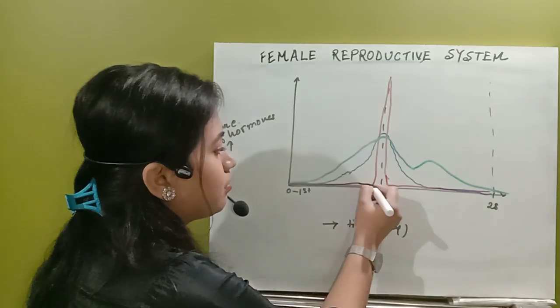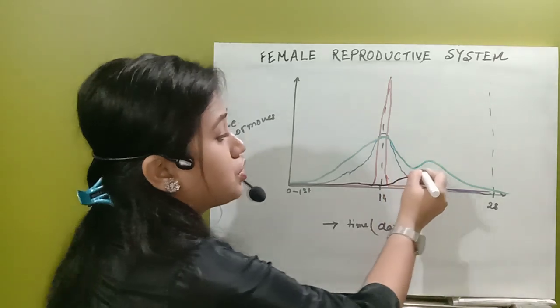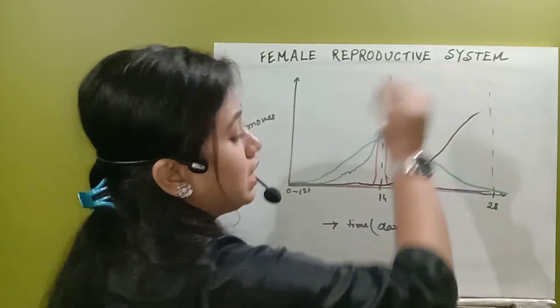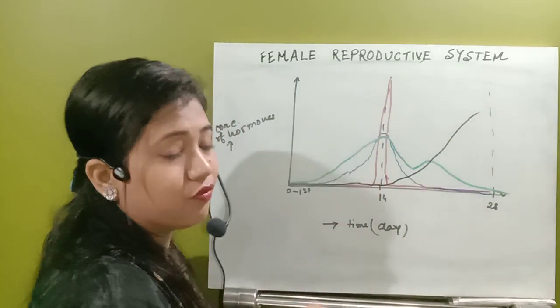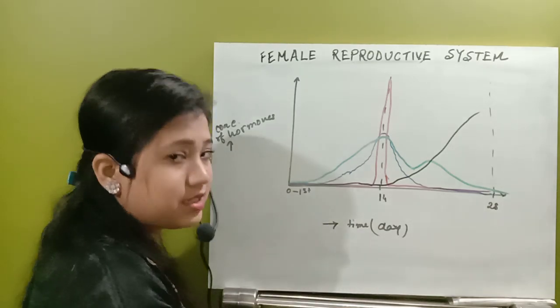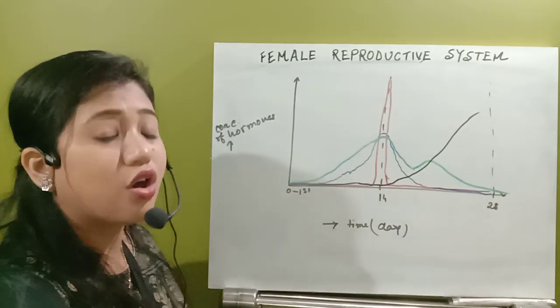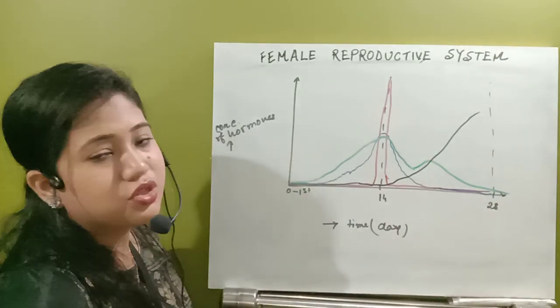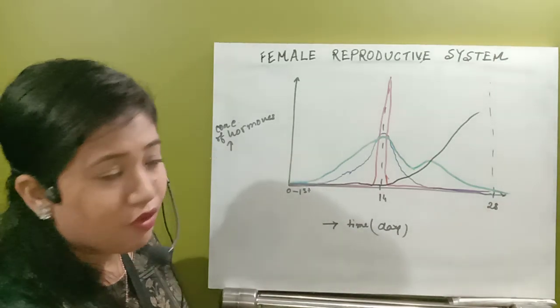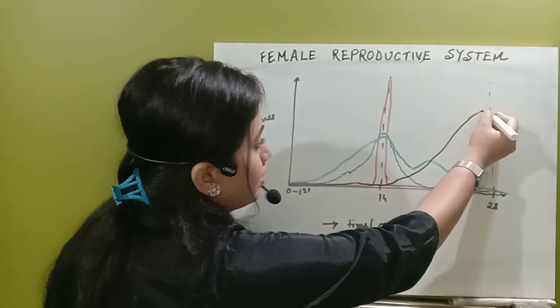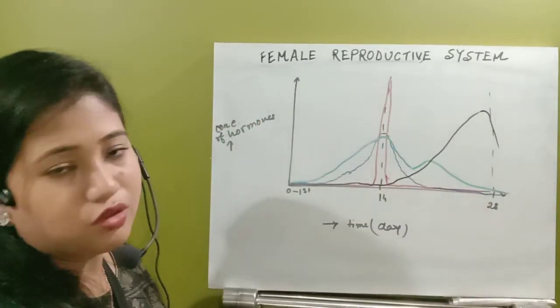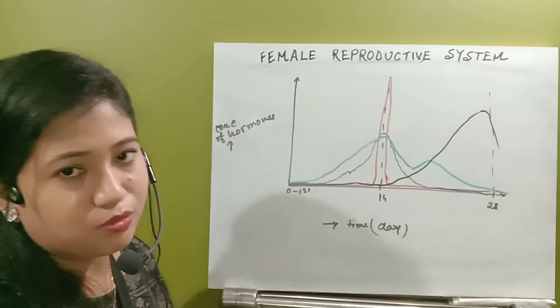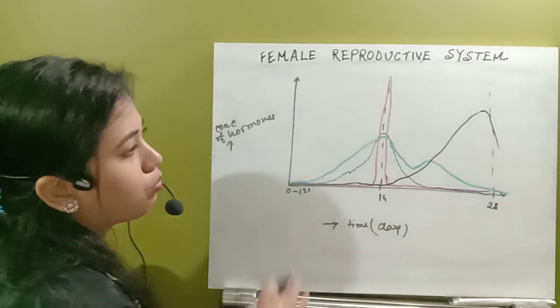At that time, the progesterone hormone will start to increase, and on the 28th day, if fertilization and implantation do not occur, progesterone will once again fall. So the level of progesterone will decrease and the endometrium sheds. So this is the hormonal regulation.